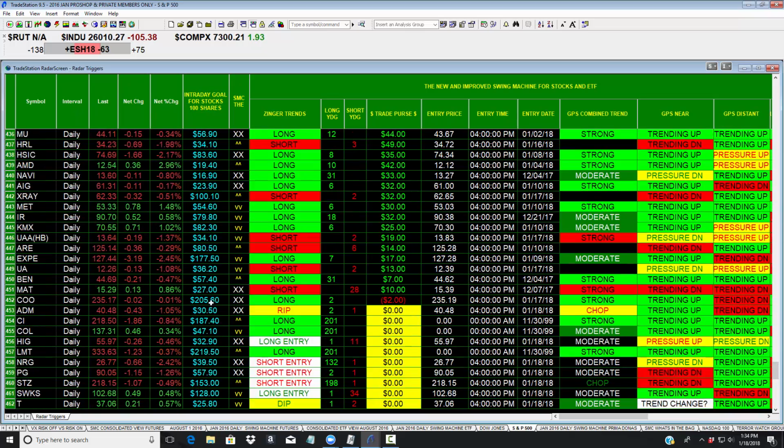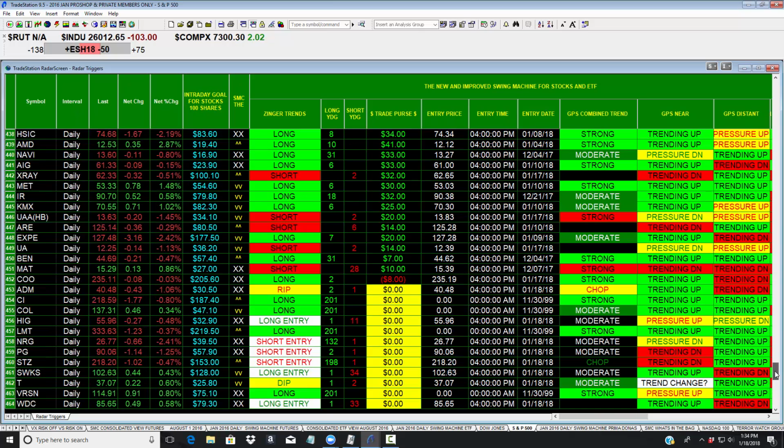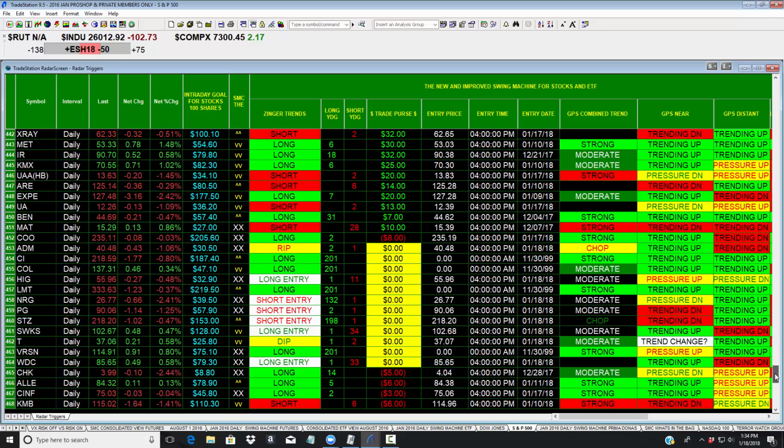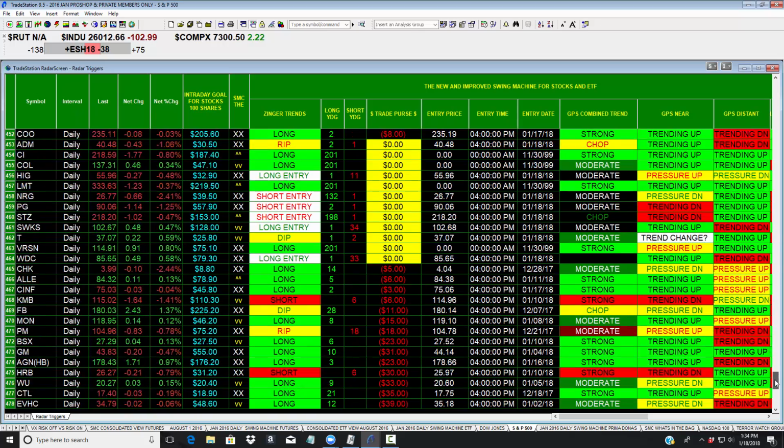Okay, so at this point, out of 500 stocks in the S&P, 451 are profitable. This one right here is not. We've only been in it for 2 days. These that are yellow, the only reason they're yellow is they're either entering today or they're just perfectly flat.